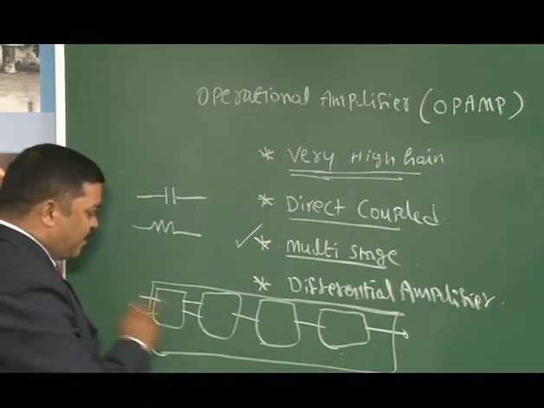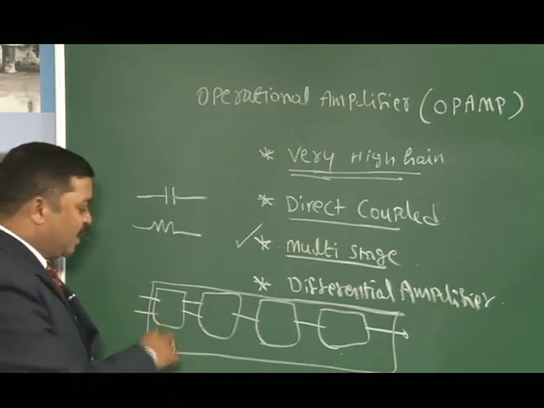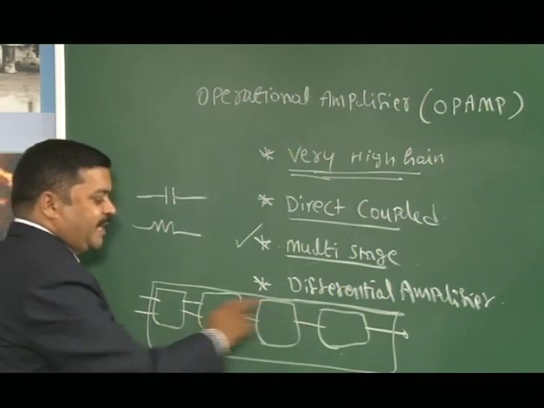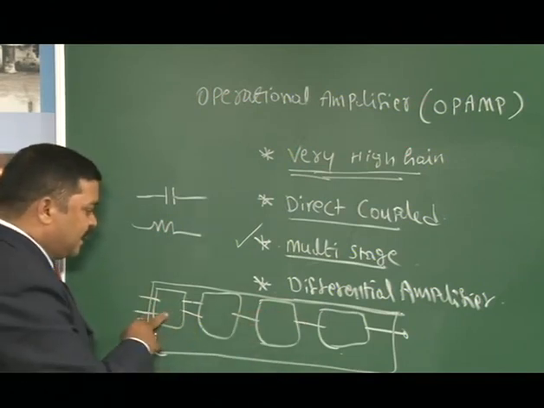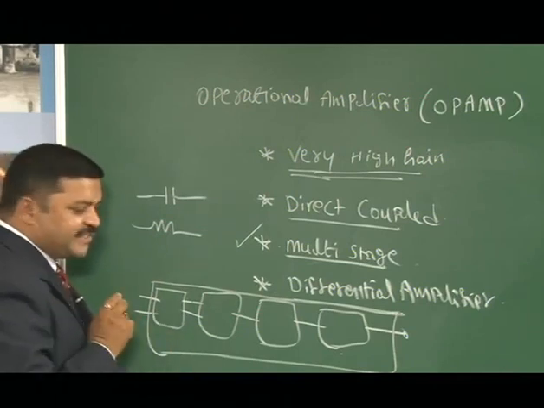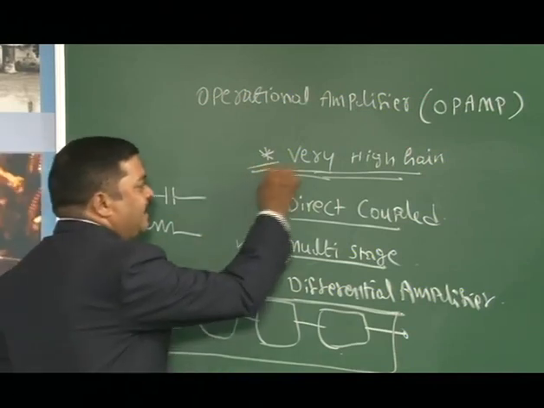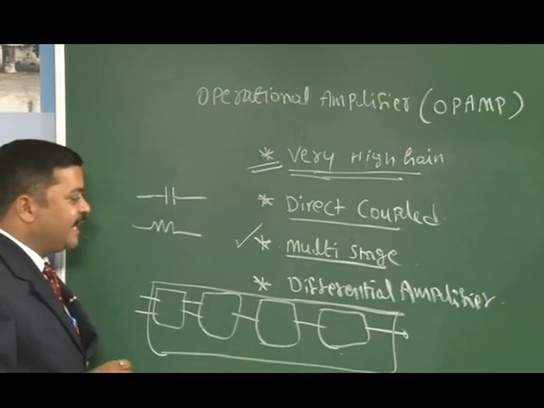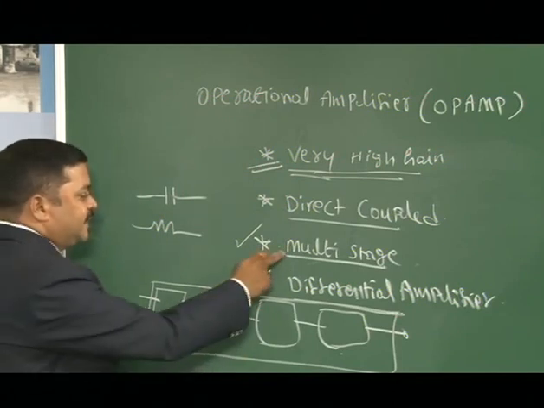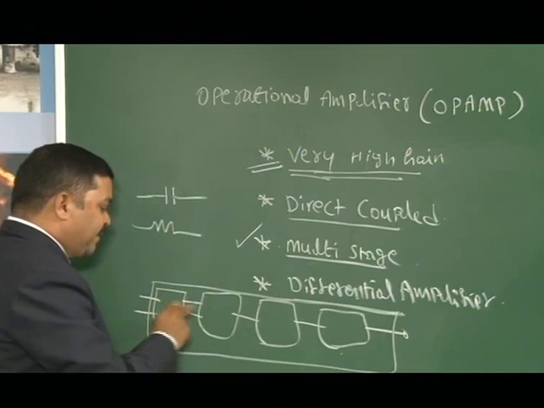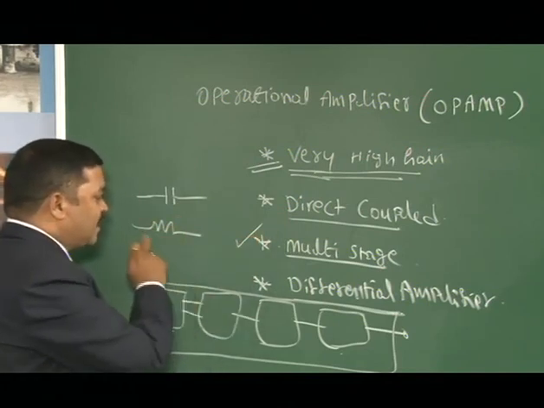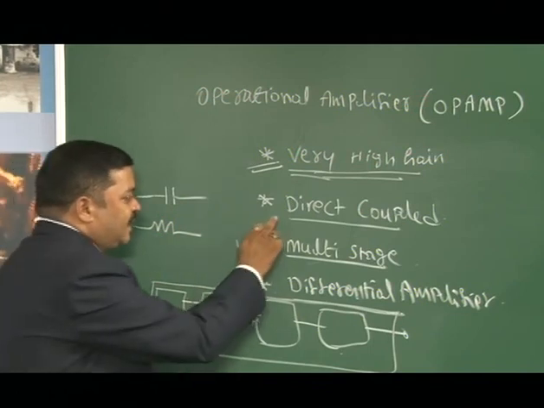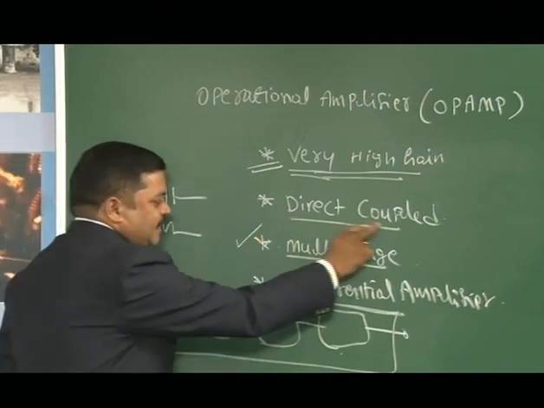When we see the operational amplifier block diagram, no elements are used. Therefore, it is called direct coupled. And the operational amplifier is designed to get very high gain. Since it is multi-stage, and in between the stages we have not used any elements like R, C, etc., that's why it is called direct coupled.